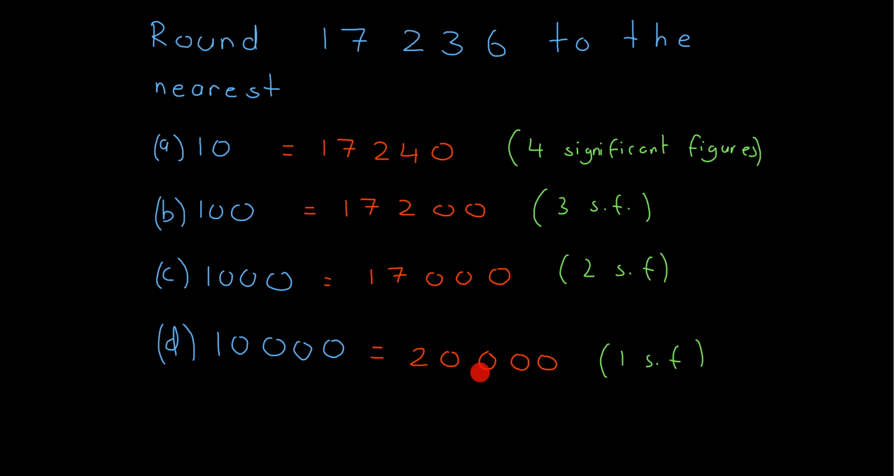And all these zeros tell me that this 2 is in the 10,000s column. It's not in the ones column or the tens column. There are 10,000 twos, and I've got 20,000 when I'm rounding off 17,236. So I have to write these zeros to tell me which column everything's in. And that's very important because when we round off decimals, it'll be a little bit different.